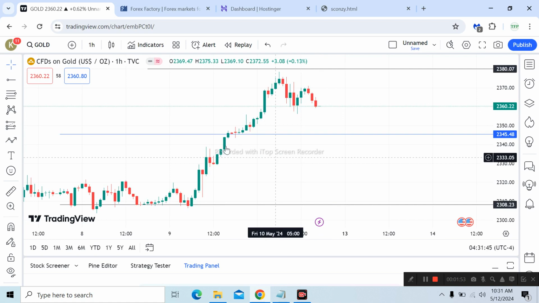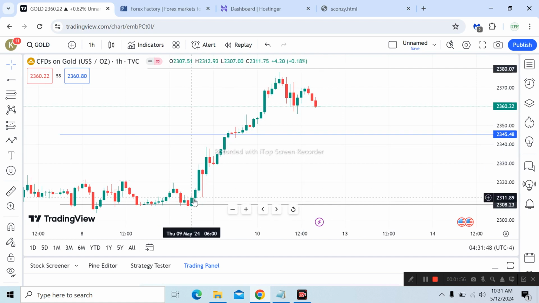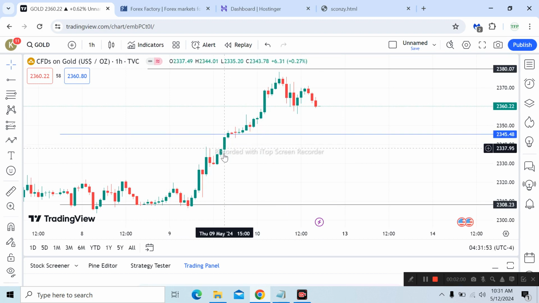And over here, what can we see? We can spot a gap here, the gap between these candles, one, two, three.